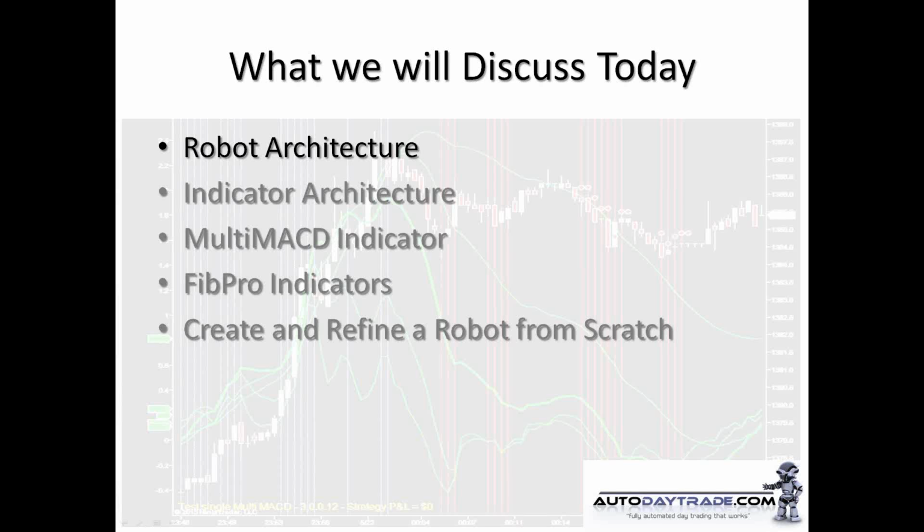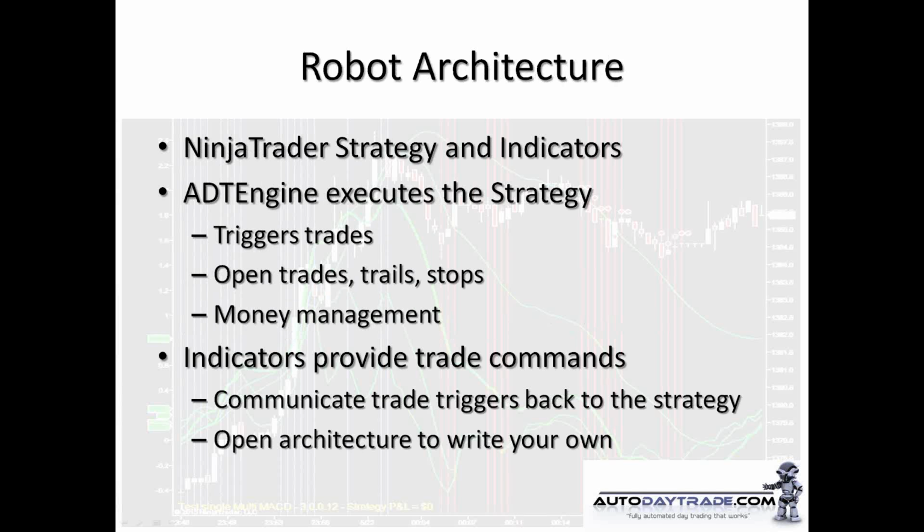First, a discussion of AutoDayTrade.com's robot architecture and how it fits into the NinjaTrader implementation. NinjaTrader strategy and indicators. We use NinjaTrader 7 and follow the general guidelines set forth by NinjaTrader.